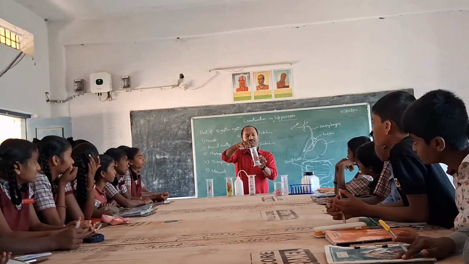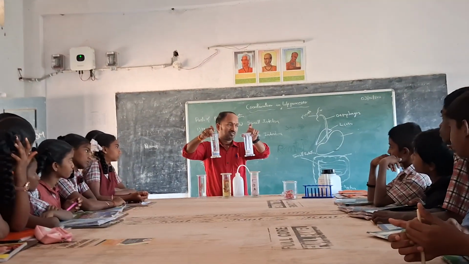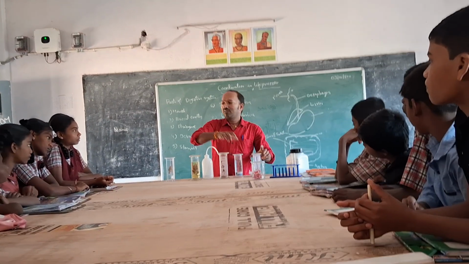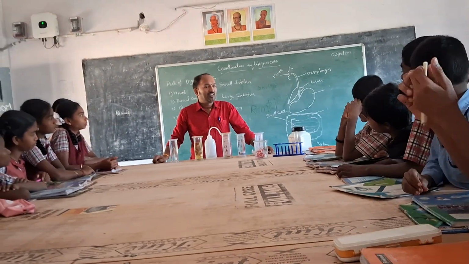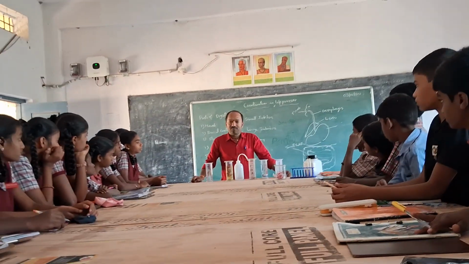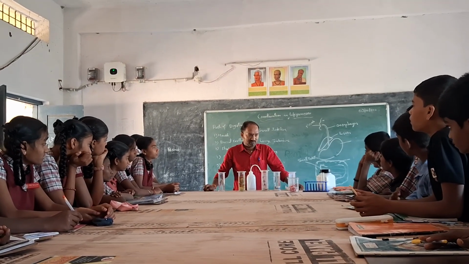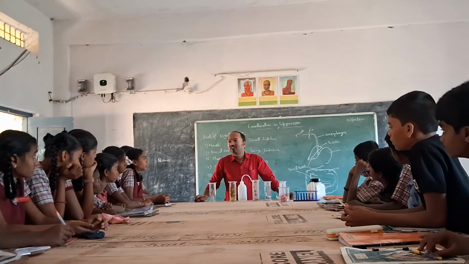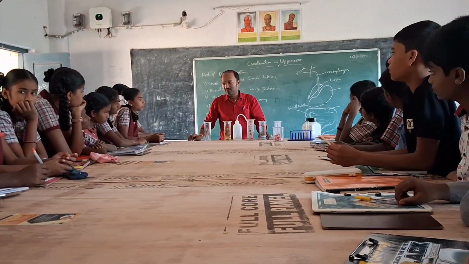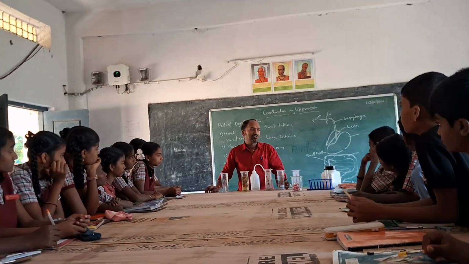And these are the earthworms. You may have already seen them. Earthworms also use their skin for respiration. If we touch the earthworm's skin, it feels moist. It has very soft skin, and it always keeps its skin moist.